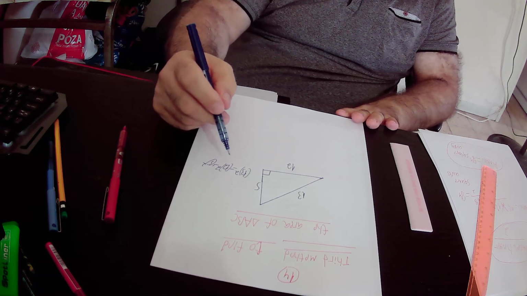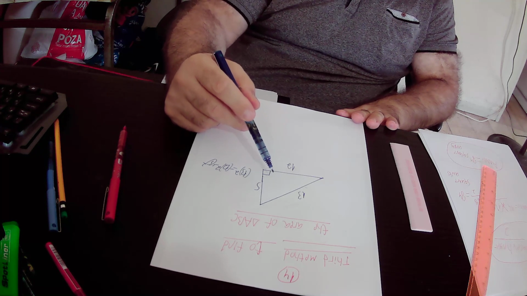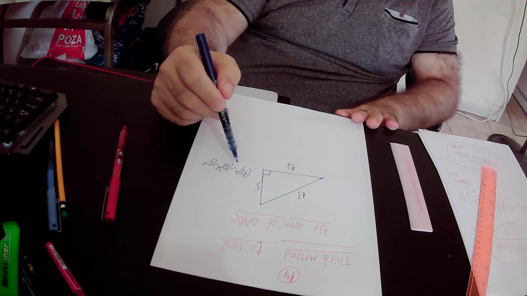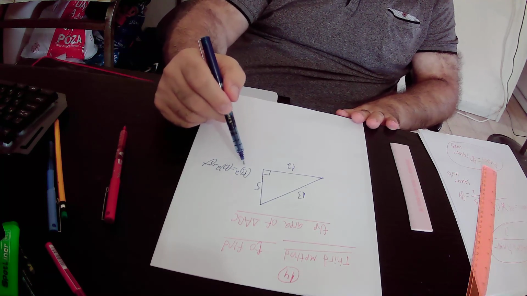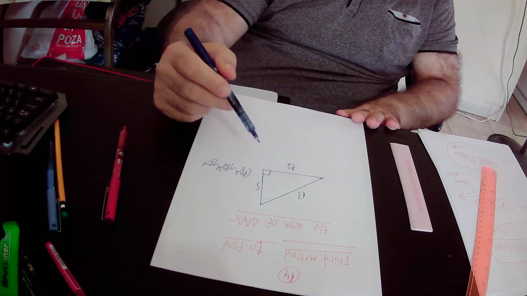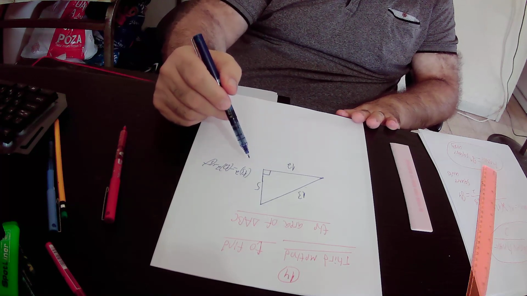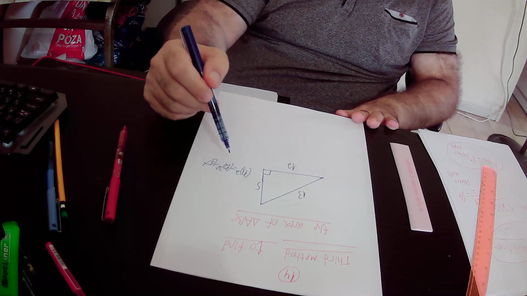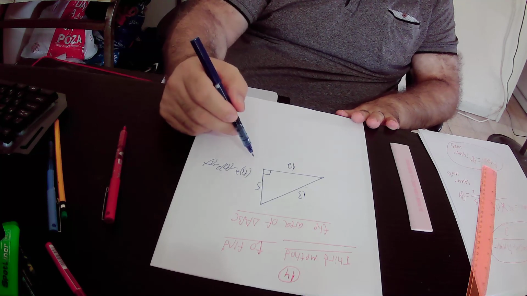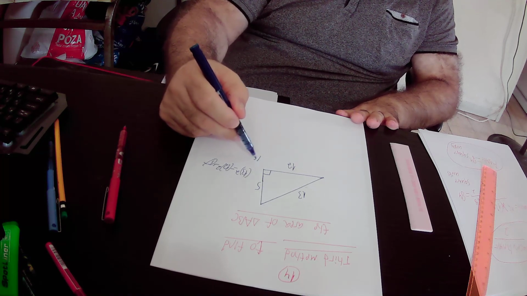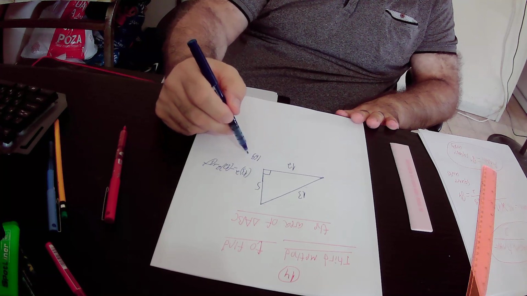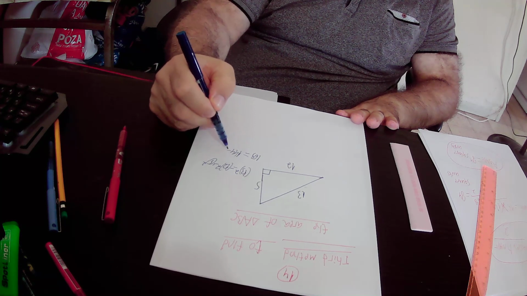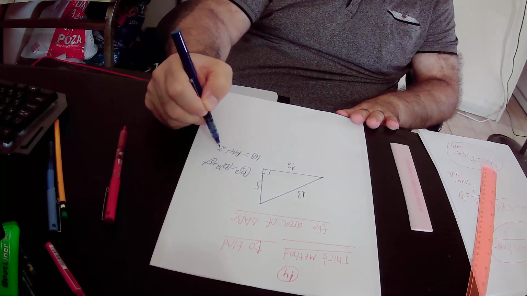So if this triangle obeys the Pythagorean theorem, that is true only in a right triangle, then it must be a right triangle. So we'll check if the right side of this equality equals the left side. 13 square is 169, equals 12 square is 144 plus 5 square is 25.